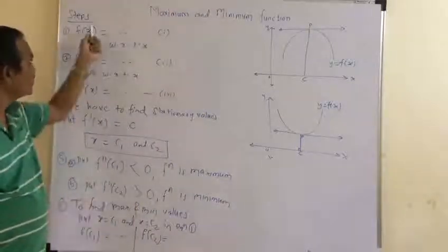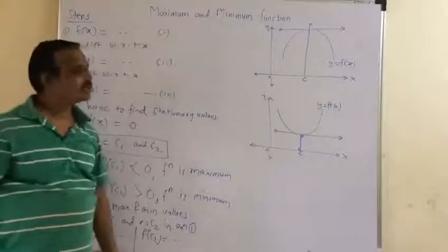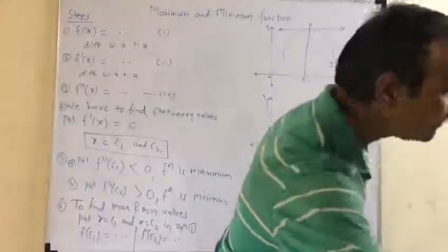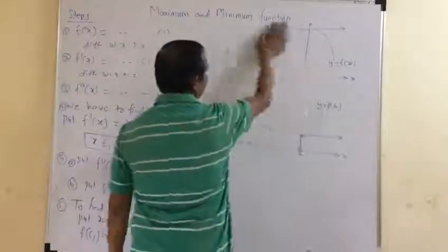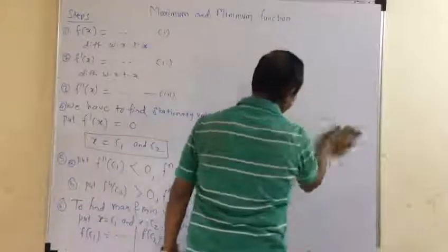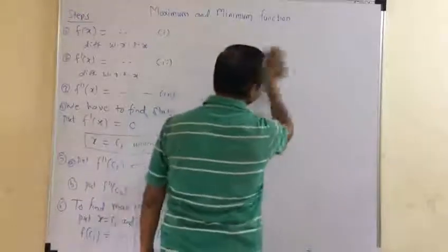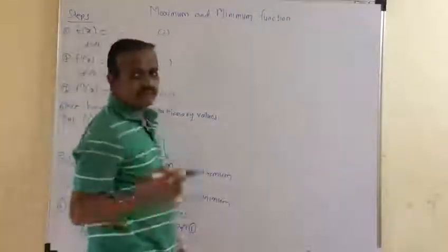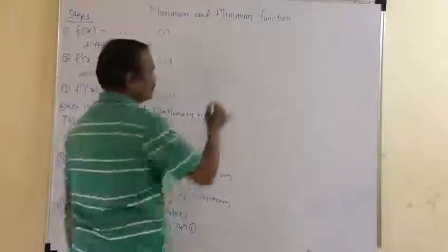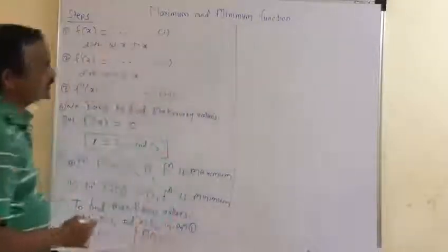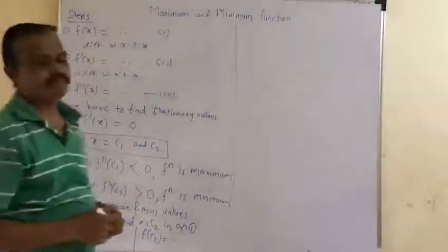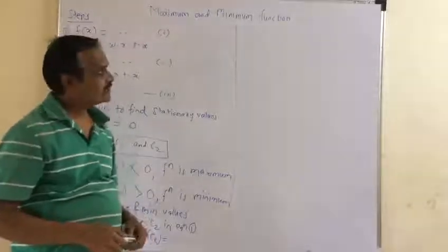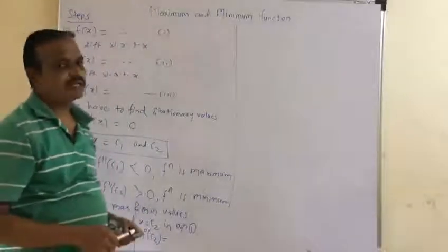For better understanding of this point, we take some examples. Suppose we are given a function like f(x) is equal to 2x cube minus 21x square plus 36x minus 20.